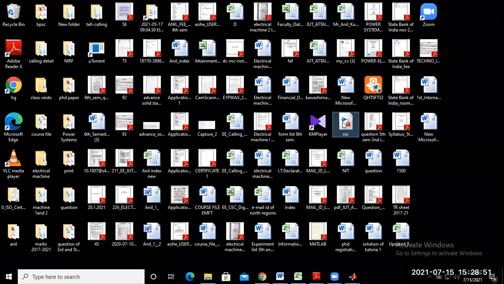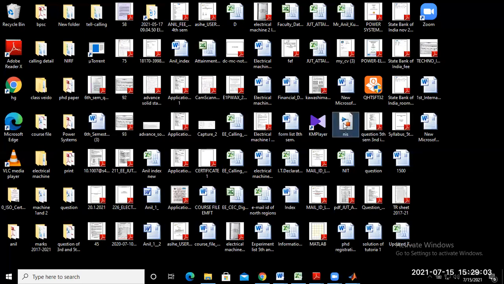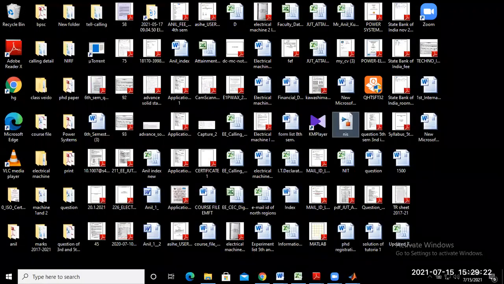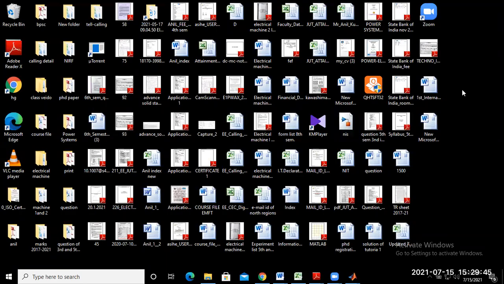So just open MATLAB. Open a new model. This is another model, so this one is closed, and open MATLAB for a new workspace.